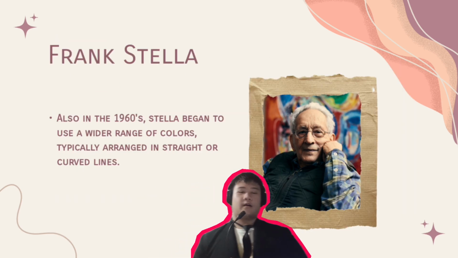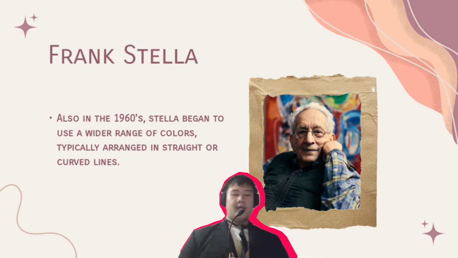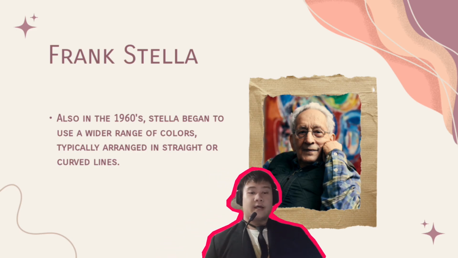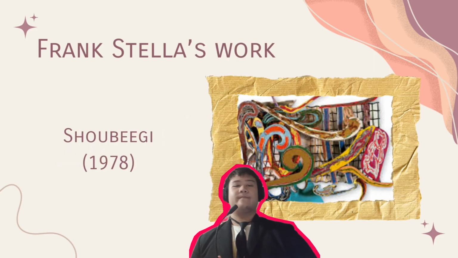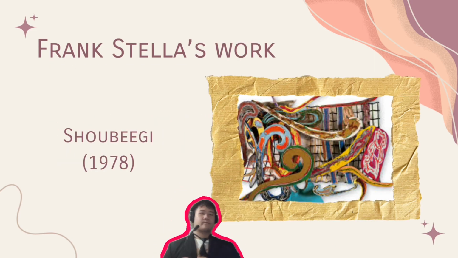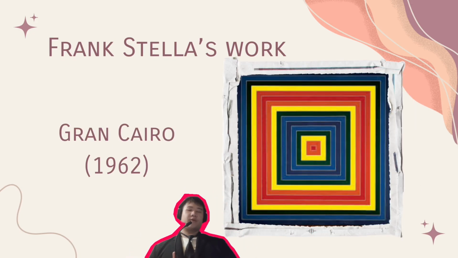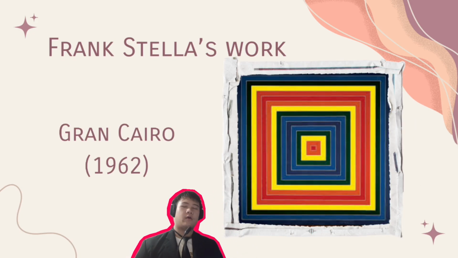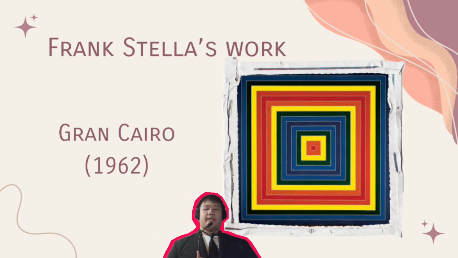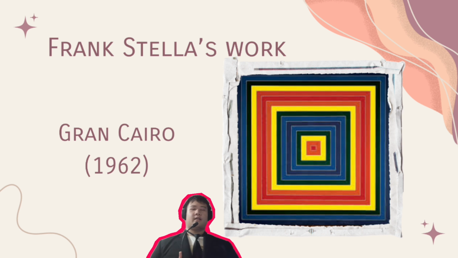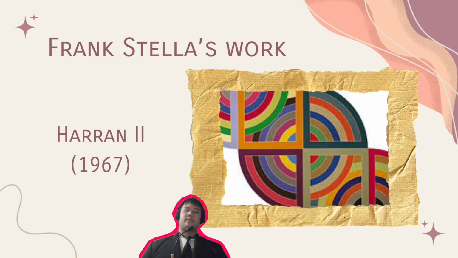As a last fact, also in the 1960s, Stella began to use a wider range of colors, typically arranged in straight or curved lines. Now, for three of his most popular artworks, we have the Gran Cairo in 1962, which was more of an op art and less of a minimalistic art style, but still fits due to it being a repetition of geometrical shapes.